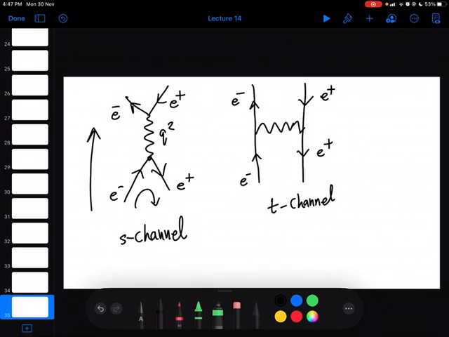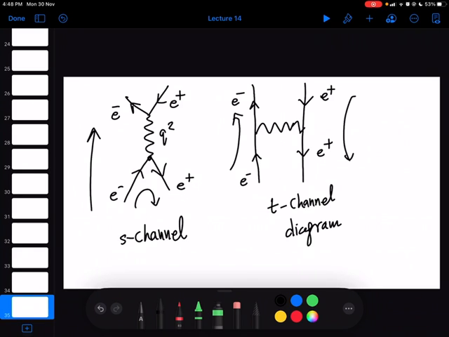Yes, this diagram is a T-channel diagram. It is perfectly allowed because the charge lines are continuous. There is nothing which stops these charge lines. Along the fermion line, electric charge is always continuous. So as I said, it should either go like this or go like this. Both of these diagrams are valid.